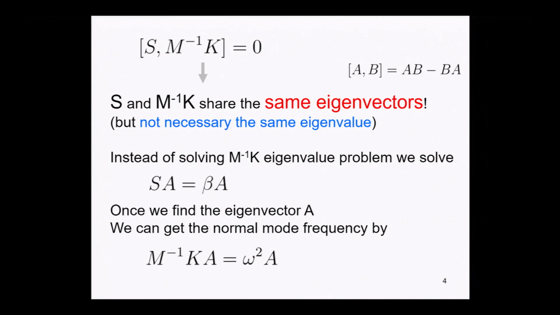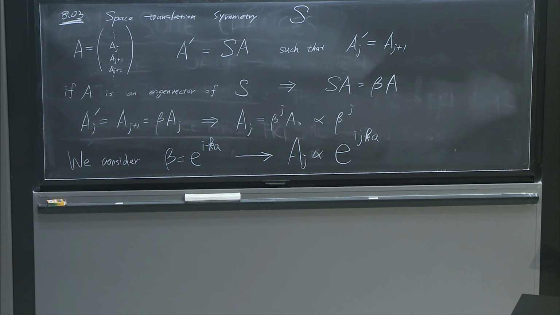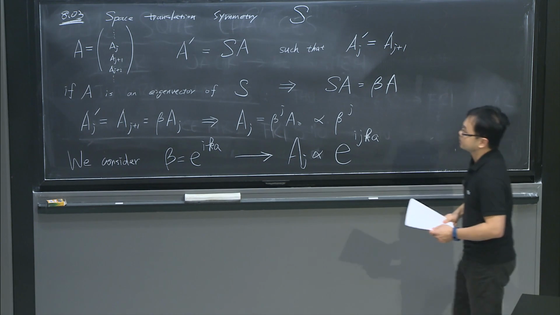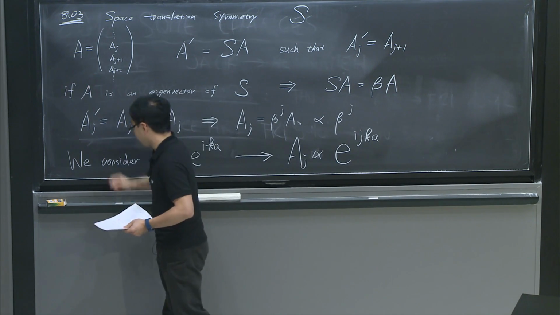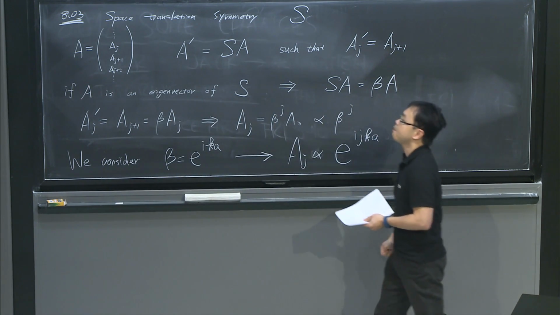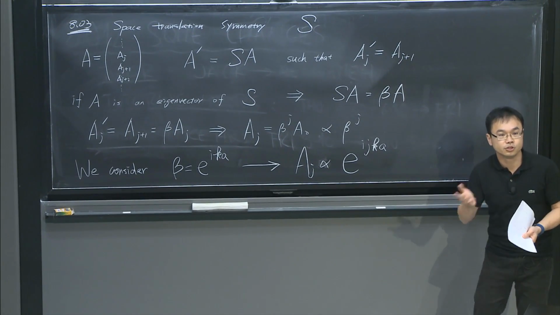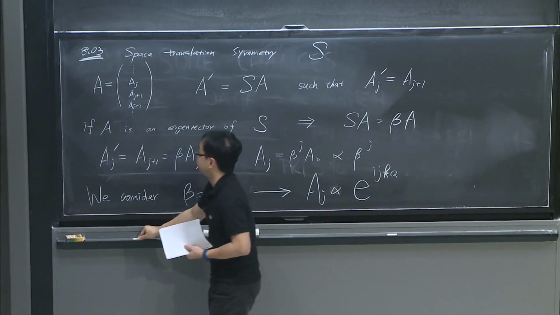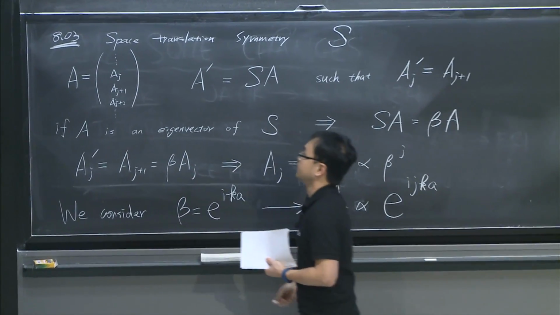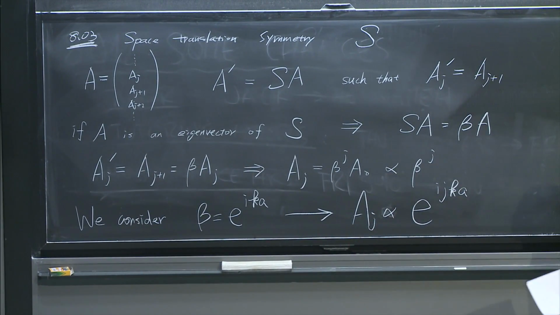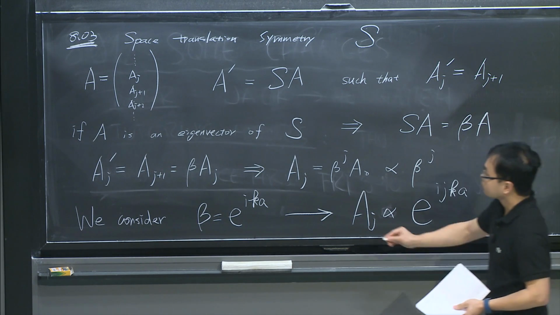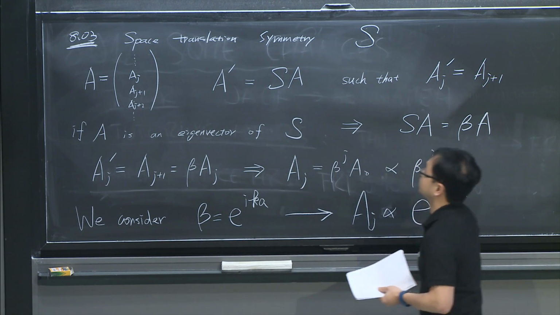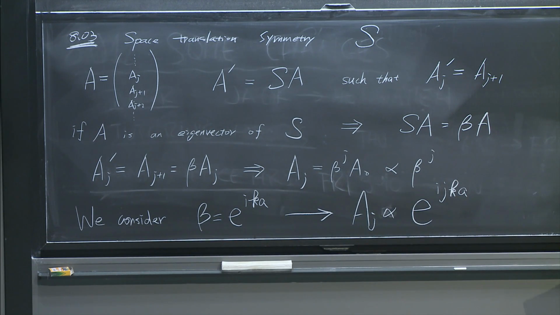As a reminder, the S matrix is defined here. If you have a vector A which describes the amplitude of each individual component in a system, this vector has A_j, A_{j+1}, A_{j+2}, and so on. All those amplitudes are included in this vector. What the S matrix does is the following.